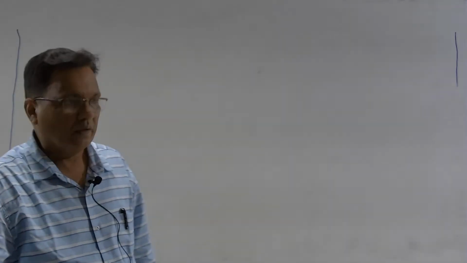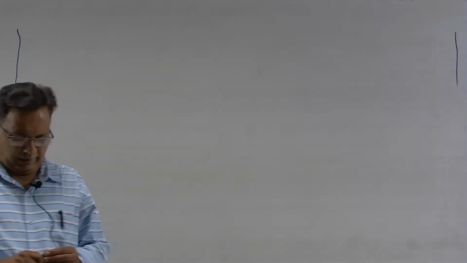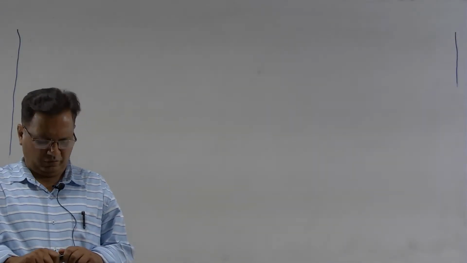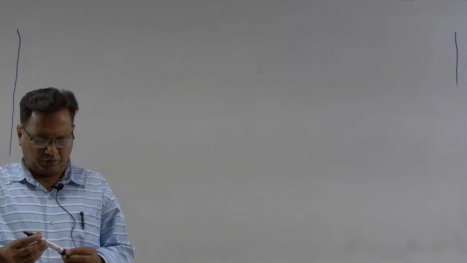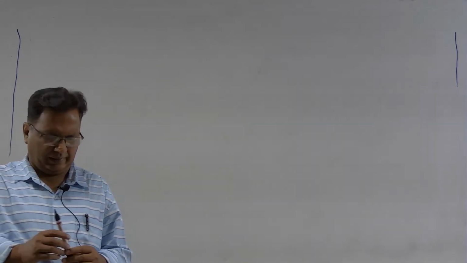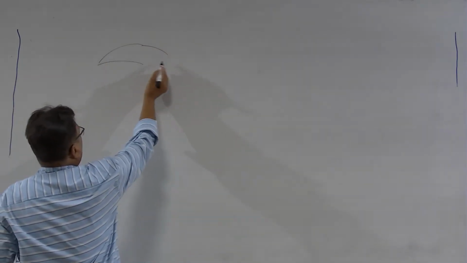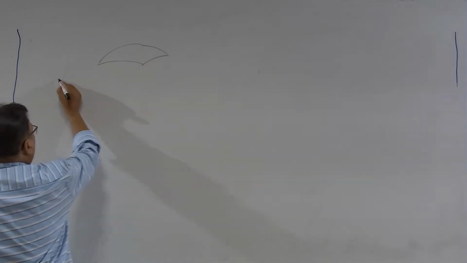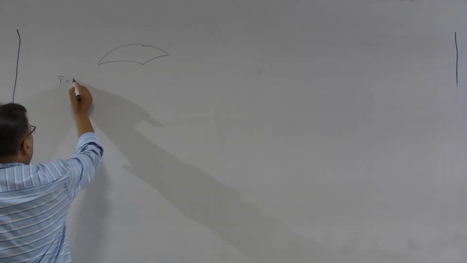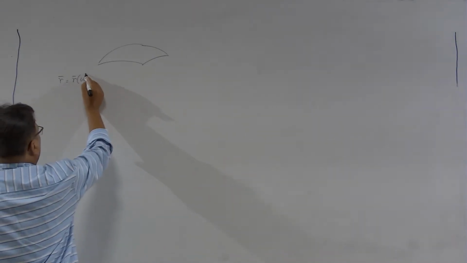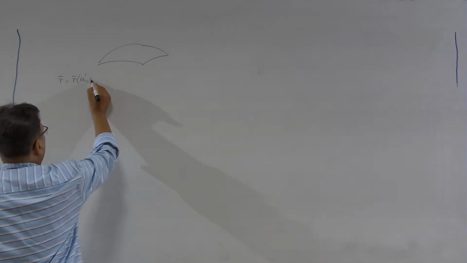Okay. So, in the last lecture we discussed the first fundamental form on a surface. We considered a surface in parametric representation r equal to r of u1, u2.